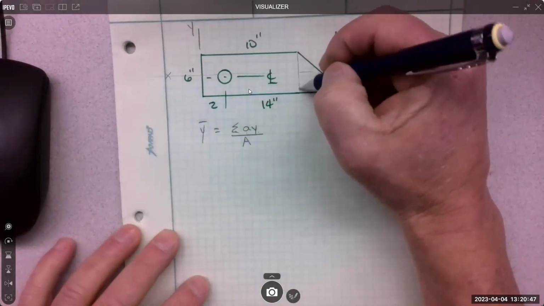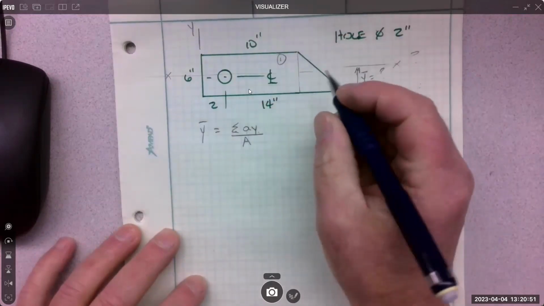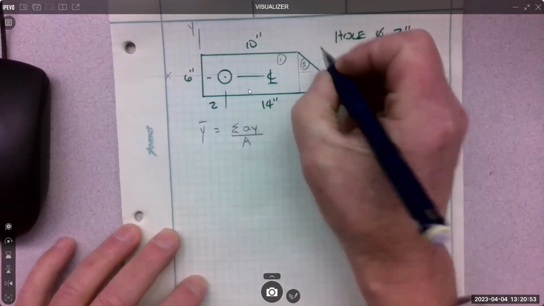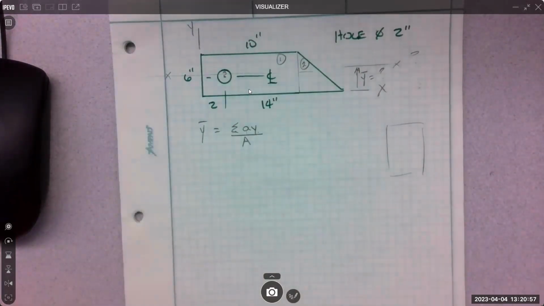Rectangle. I was hoping you would say that. I made it simple. I'm going to number it: number 1, number 2, and then number 3. The hole will be its own shape, right? So you take this complex shape and you break it up into simple ones that you can easily find the area for, and you can easily find the Y distance to it.